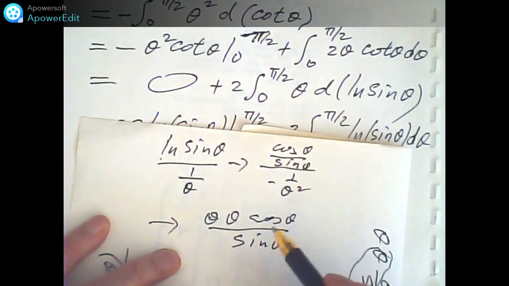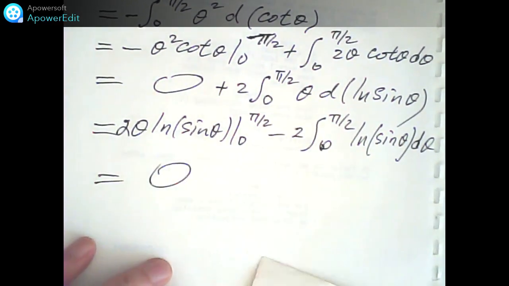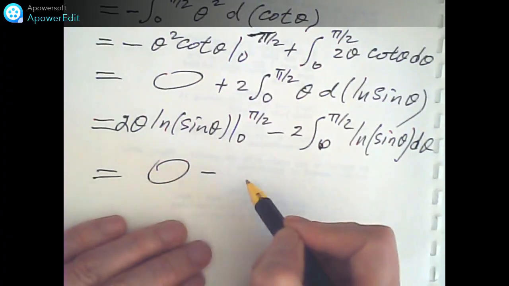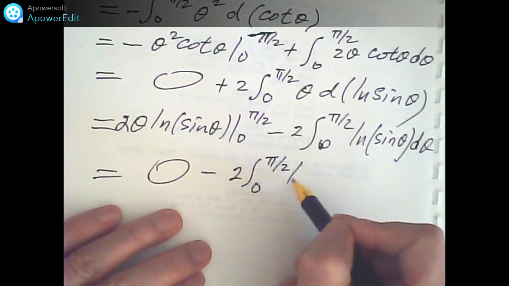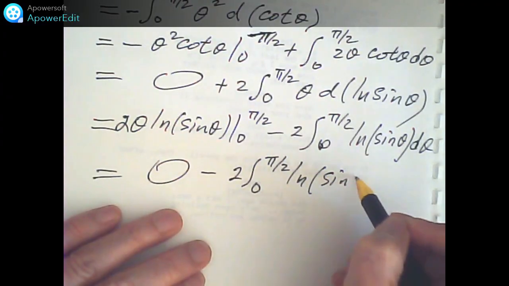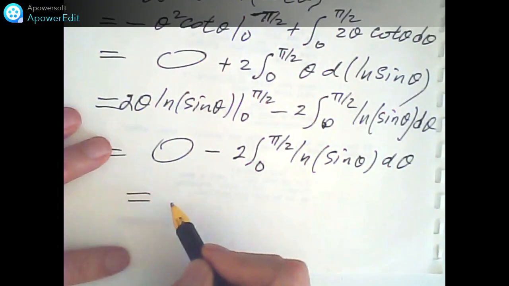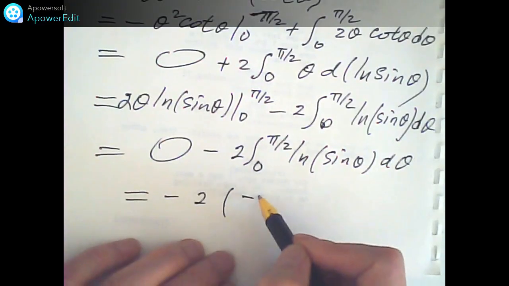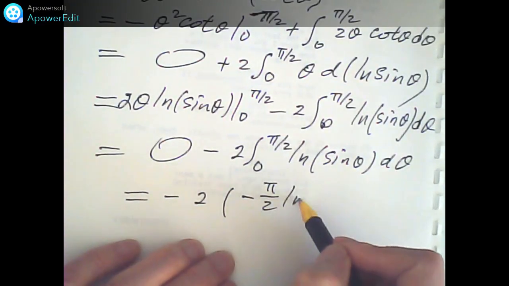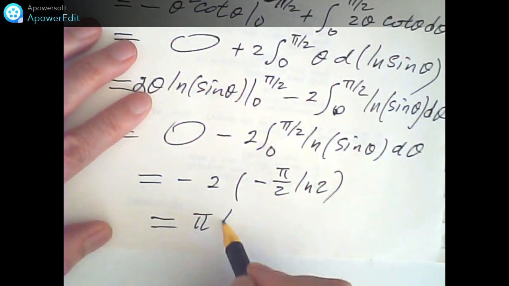When theta approaches 0, this approaches 1. This approaches 1. This is 0. So everything is 0 again. So this one is going minus 2 times the integral of log sine theta. Okay, then I use the result, a negative half pi log 2. So the whole thing is pi log 2.